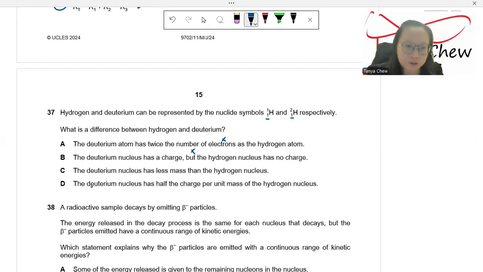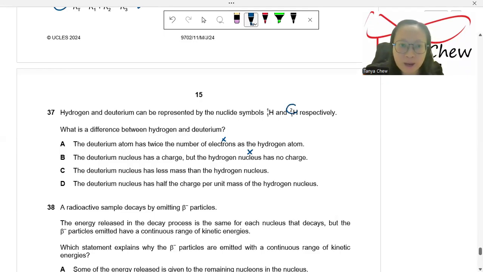Oh yeah, it is about the nucleus. If it is about the nucleus, the deuterium nucleus has 1 proton, and hydrogen is also 1, right? That is not true as well. C, the deuterium nucleus has less mass than the hydrogen nucleus.